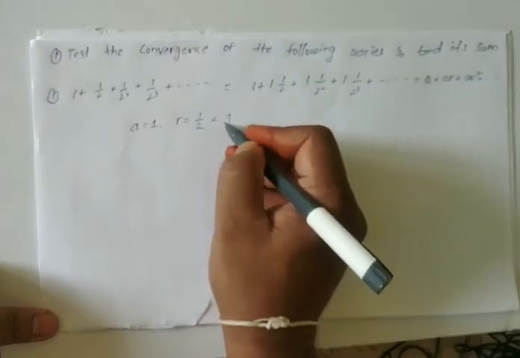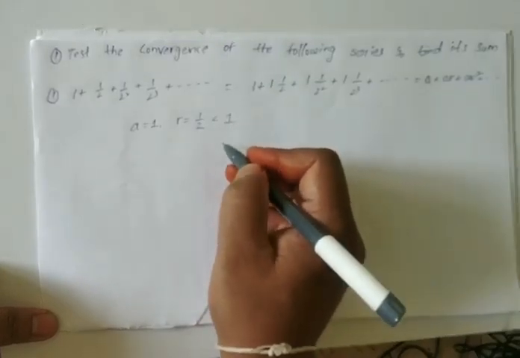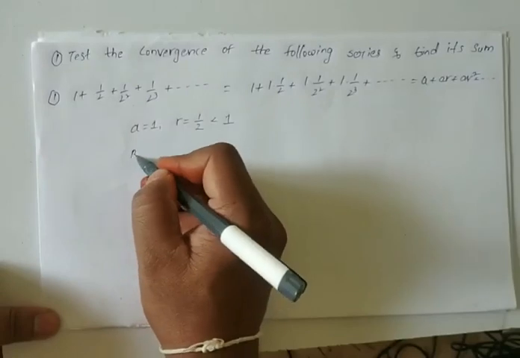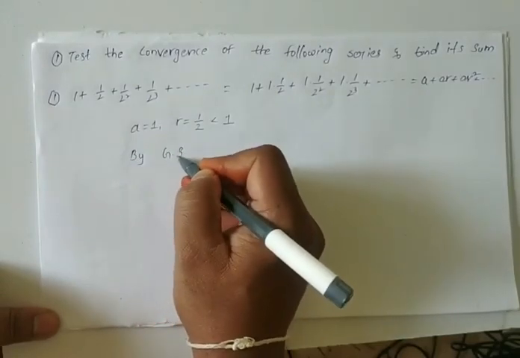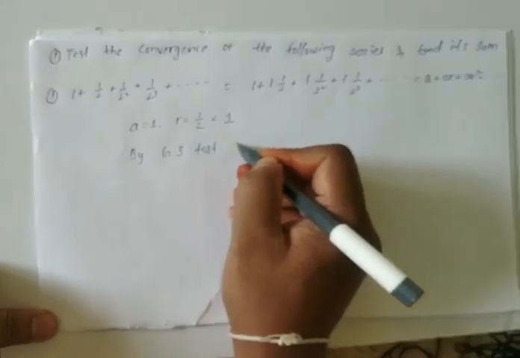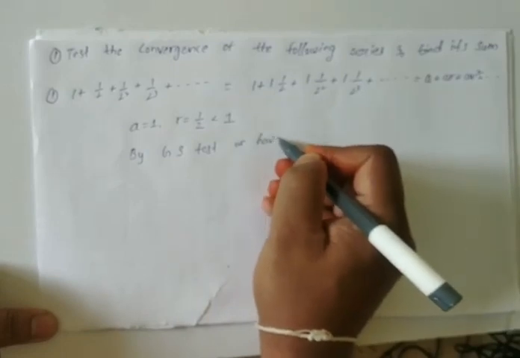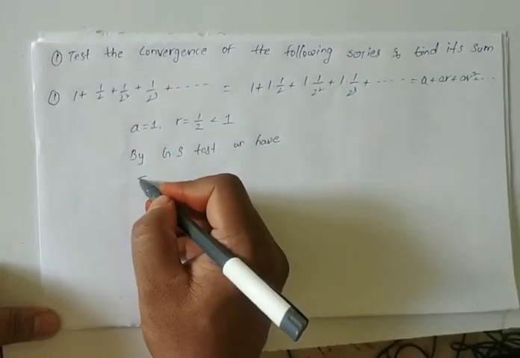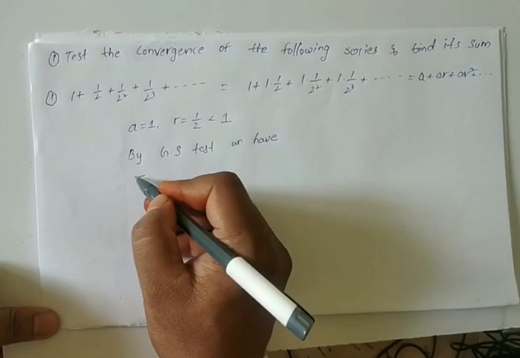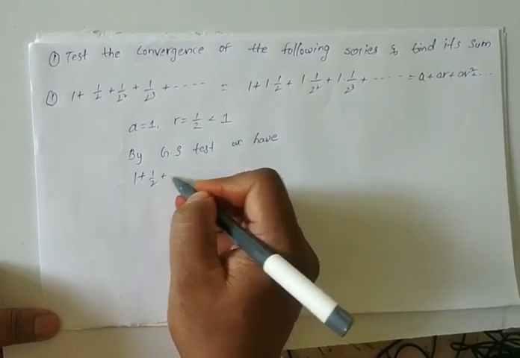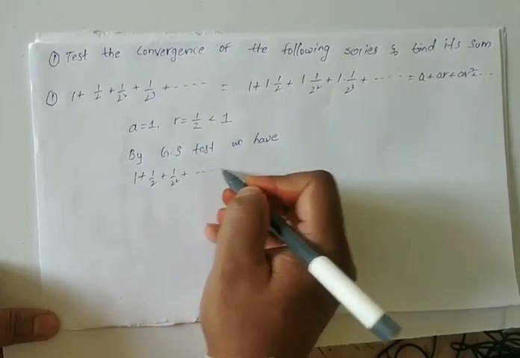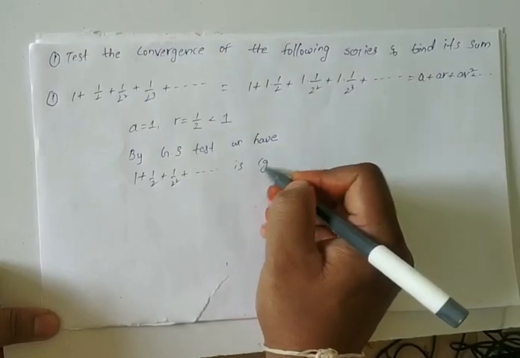Which is less than 1. By the geometric series test, the given series, that means 1 plus 1 by 2 plus 1 by 2 square plus so on, is convergent.